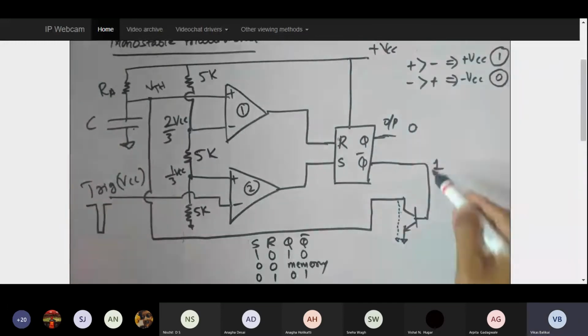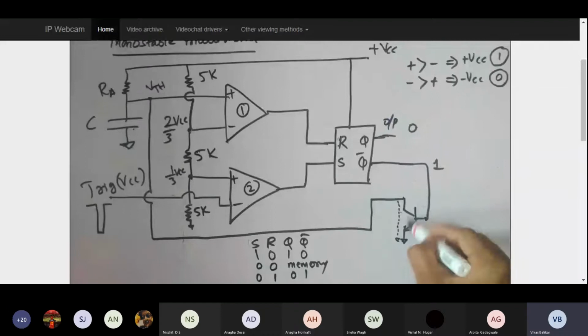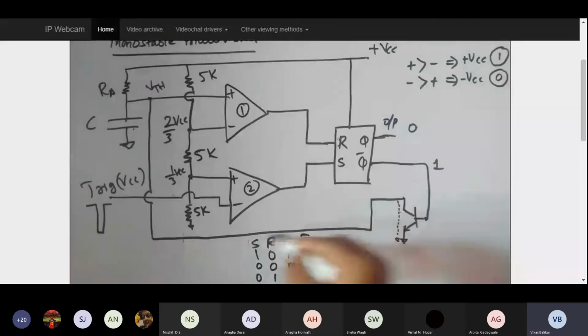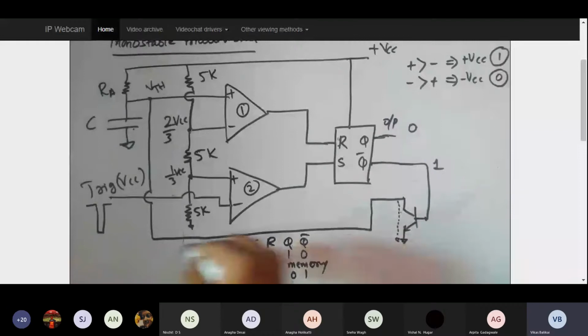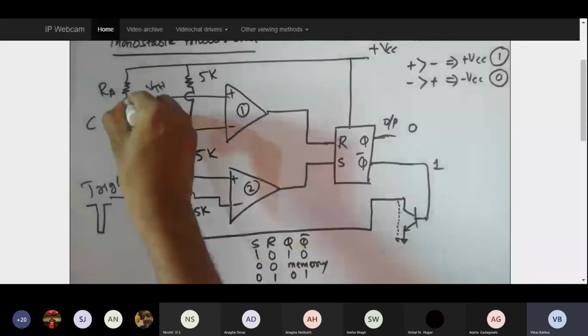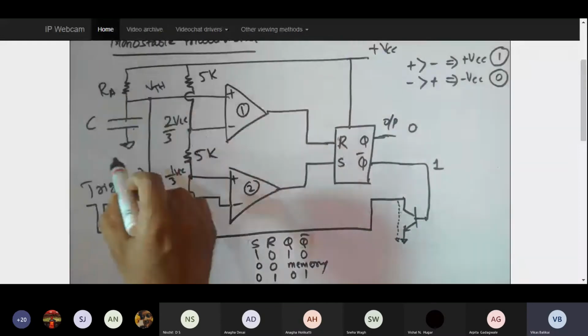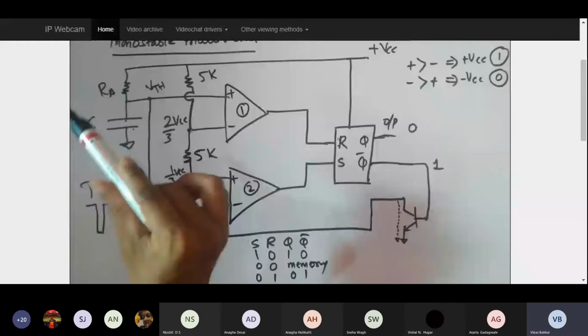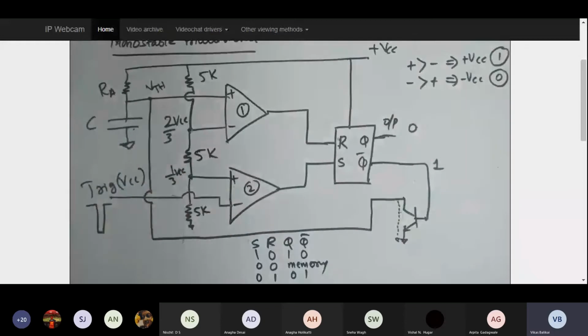The moment Q bar is 1, what is happening over here? So this transistor is on. Once this transistor is on, it is creating a straightaway path from the capacitor. So whatever initially stored value is present in the capacitor will be discharged through this particular path.